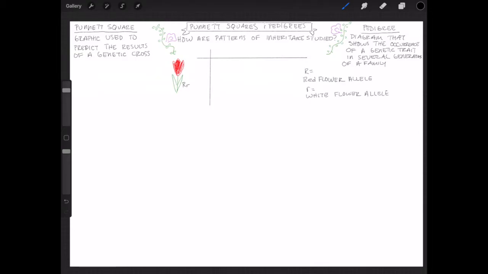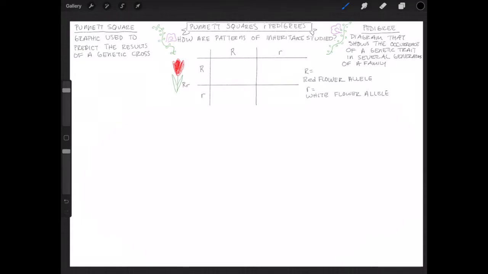So for this tulip, we put the alleles of the one parent up top, big R, little r, and the alleles of the other parent on the side. Okay, big R, little r.